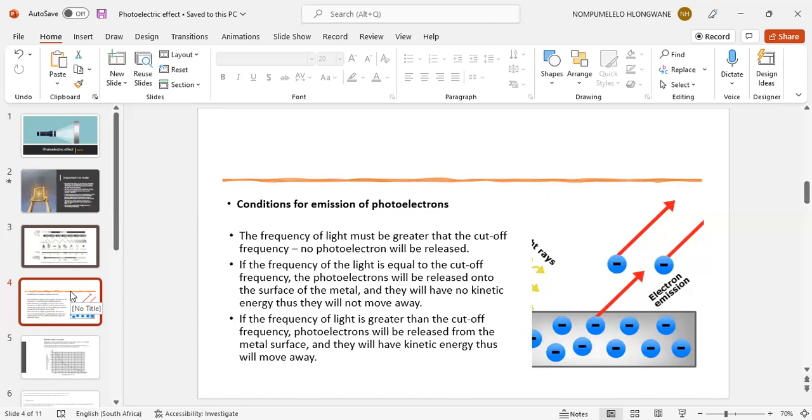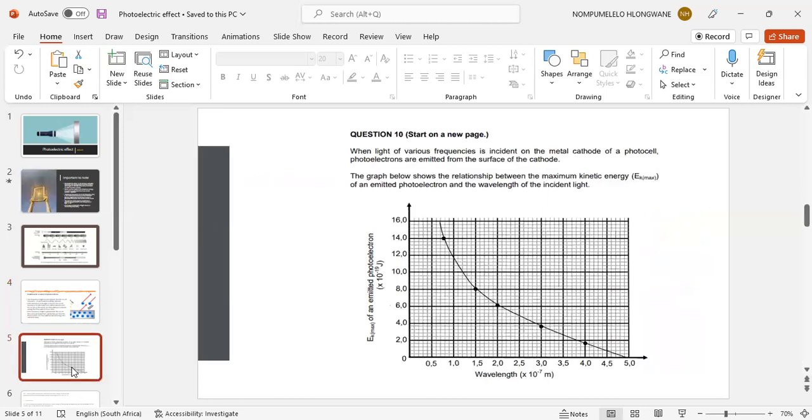They will be released away from the metal surface with kinetic energy. This is just brief information that you will need to know as we continue. We're going to do examples, and more information will be covered as we go through the questions.